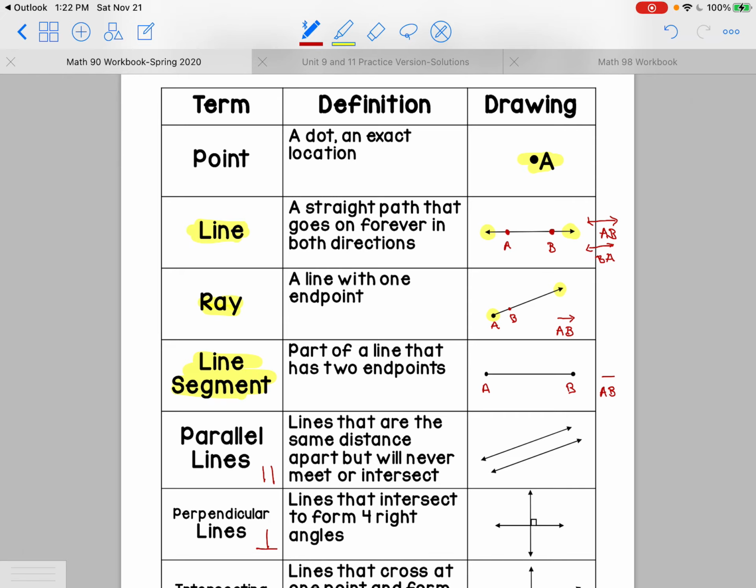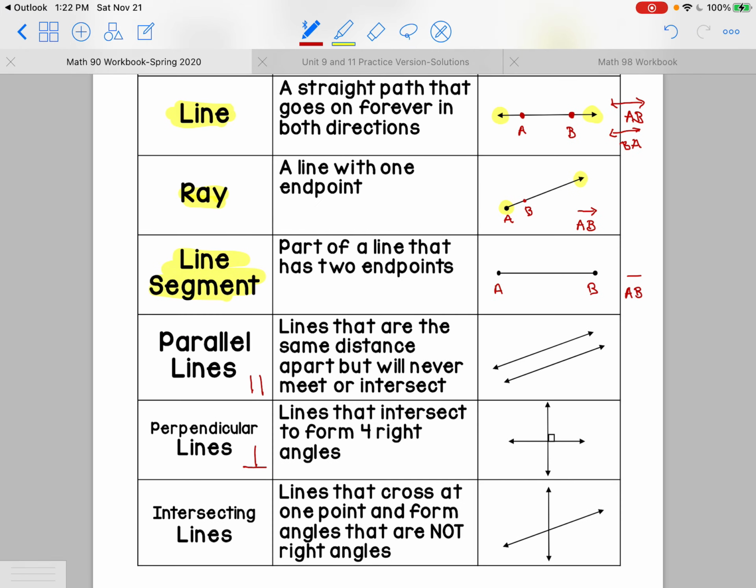All right, now let's talk a little bit about parallel and perpendicular lines. These are some things that we're going to see in some of the homework. Parallel lines are lines that are the same distance apart, which means they will never cross, never meet or intersect, because their slopes are exactly the same.